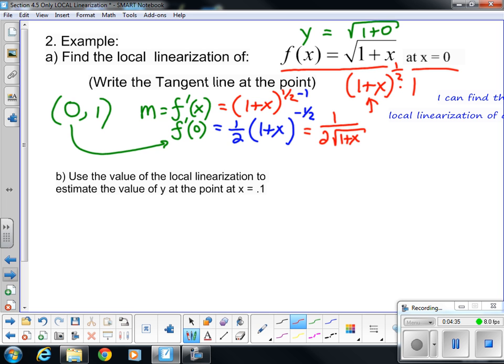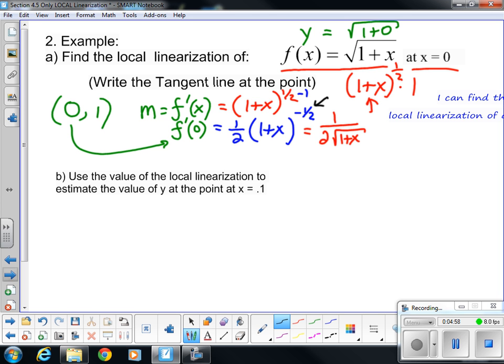A lot of people make a mistake on this particular problem because they don't put that 1 plus x in the denominator. The negative 1/2 exponent means that it is a square root, and it means that it's below the line. It moves to the other side of the fraction bar. So that's our derivative equation.